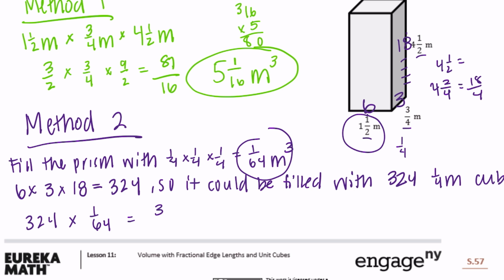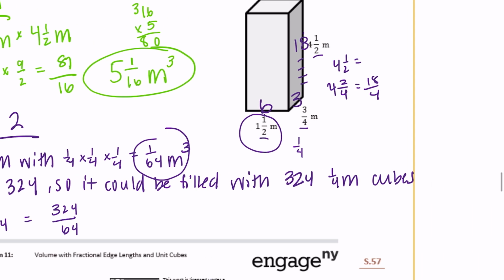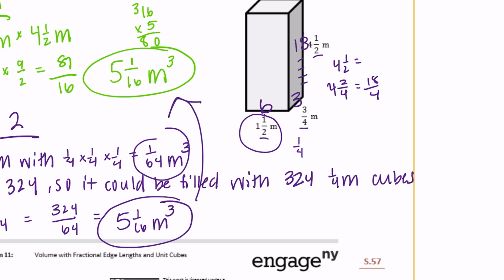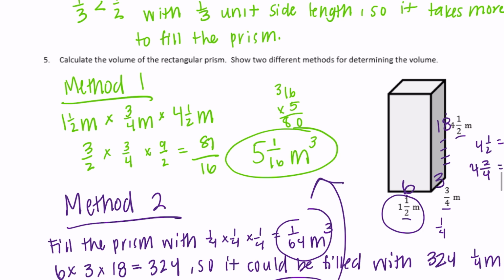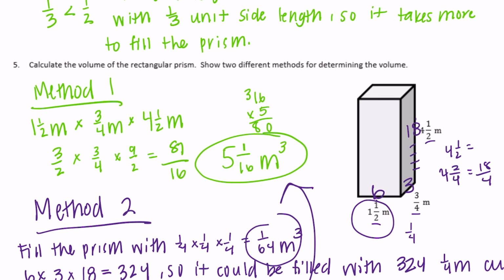We'd get 324 64ths. And if we were to reduce that, it would equal 5 and 1/16 meters cubed. So 2 different ways to do it. Personally, I like method 1, but if the second method makes sense, then go for it.